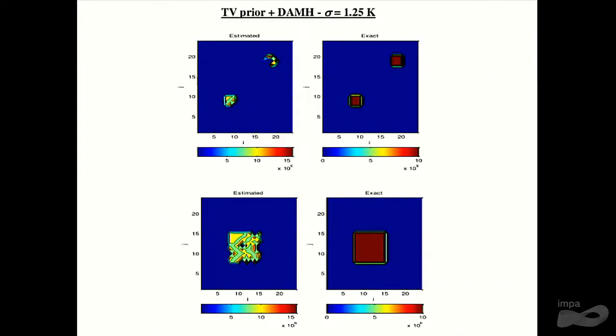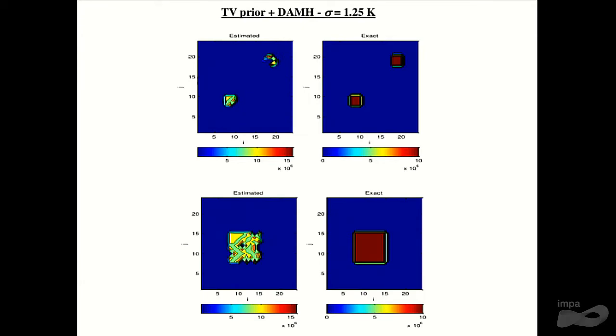And this is what we get with the total variation prior and the delayed acceptance Metropolis-Hastings. Okay? So notice that the prior does not give any quantitative information, or even any qualitative information, about where the heat flux is located.